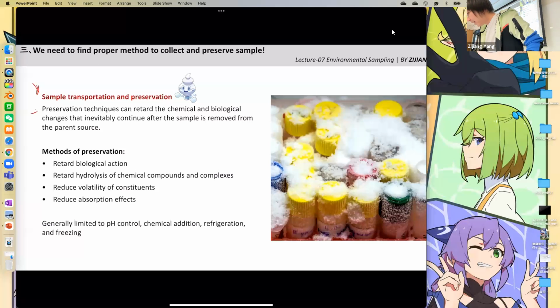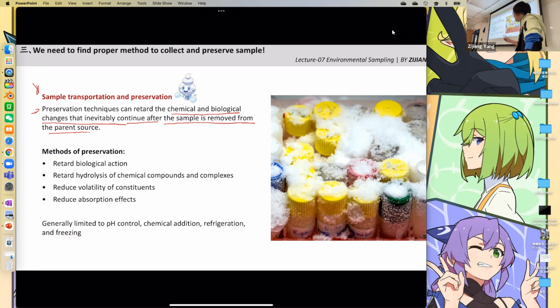Preservation techniques can retard the chemical and biological changes that inevitably continue after the sample is removed from the parent source. So there are some biological changes, but basically it is chemical changes.